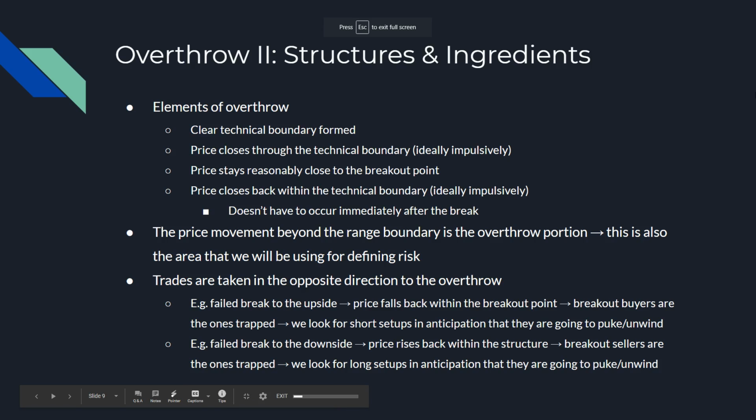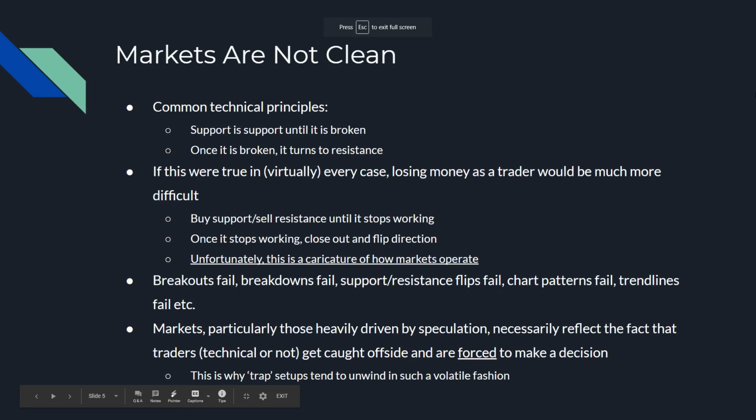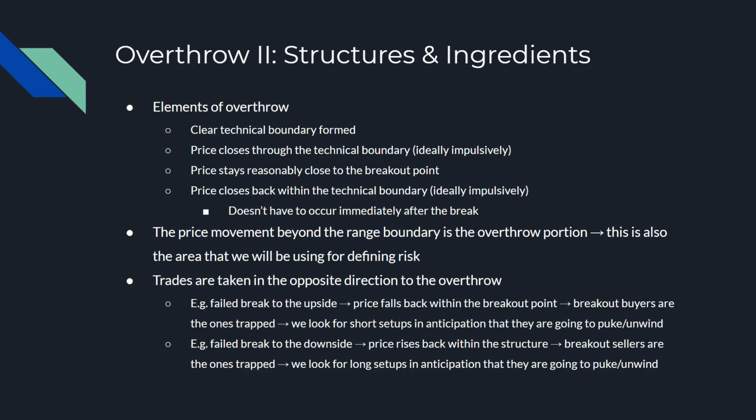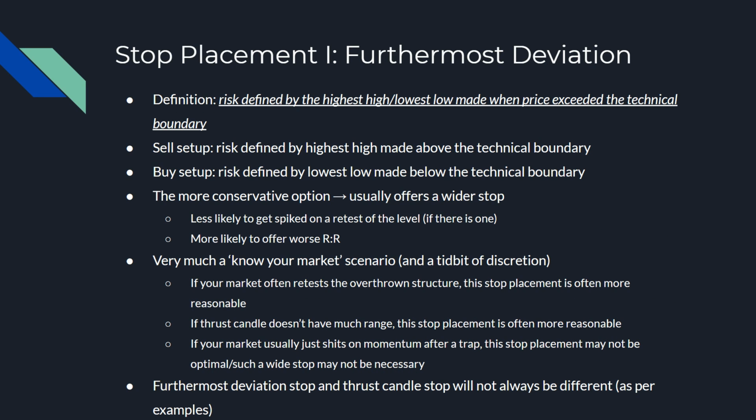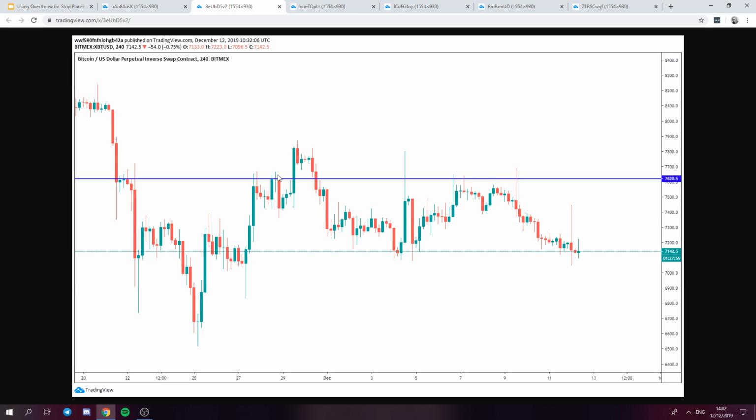That's important to bear in mind because markets are not clean, right? As you can see, if you took the view that every single support break is supposed to turn to resistance, and every single resistance break is supposed to turn to support, a lot of these setups and a lot of these levels wouldn't make sense. And I used to think this way as well, certainly with the Bitcoin example. I'd think, oh, well, look, price broke my level one way and then broke it the other way, so clearly I've got the wrong level on my chart. That is not the case.